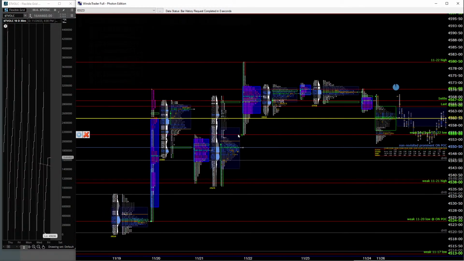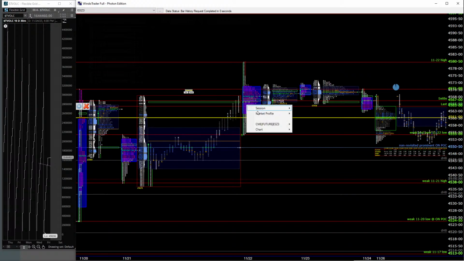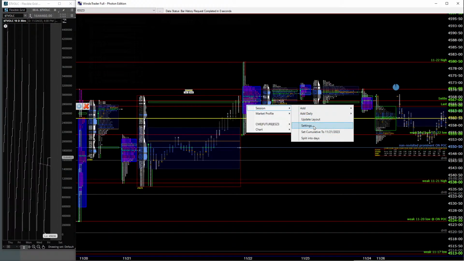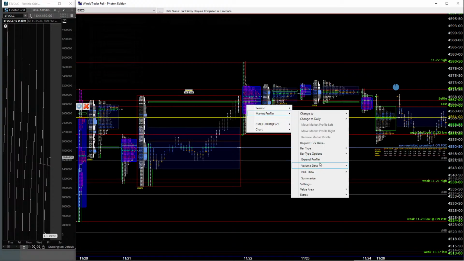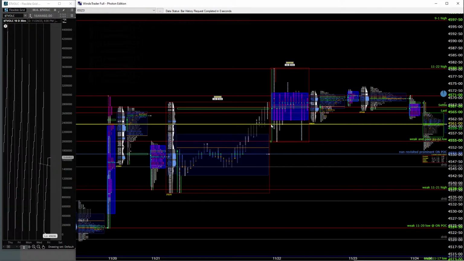I believe this also was Nvidia. Look at this formation here, this overnight, and then the opening. The market open here with the gap, guideline supply here.